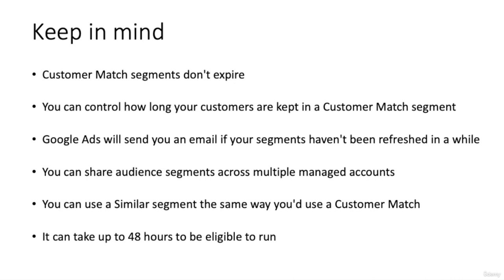And you can use a similar segment the same way that you'd use a customer match list or any other data segment, just by adding it to one of your campaigns or ad groups. When a similar segment is available, it'll show the segment size on each available network in your audience table, like you would see for any audience that you build. And just bear in mind that it can take up to 48 hours to be eligible to run.